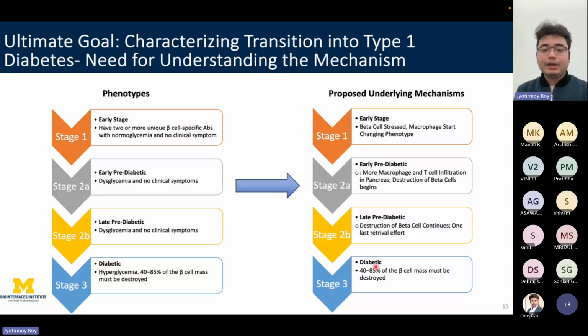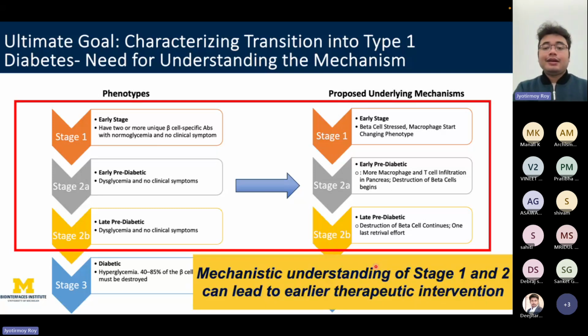So if I put it in one word, it's using a biomaterials-based approach to answer a more biology-specific question. I tried to put my research in one term. And exactly what I was saying, mechanistic understanding of stage 1 and stage 2 can lead to earlier therapeutic intervention.